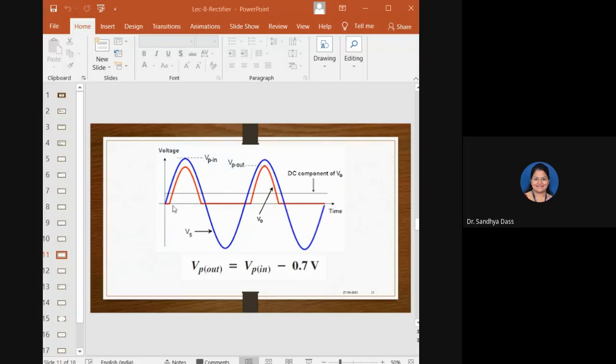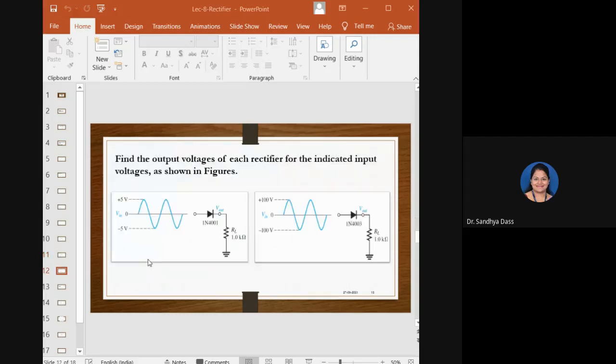Why is it so? Because till 0.7, the diode will not be conducting. Only after the input reaches 0.7, the diode starts conducting. So there will be this difference in the peak values. I hope it is clear from the figure.